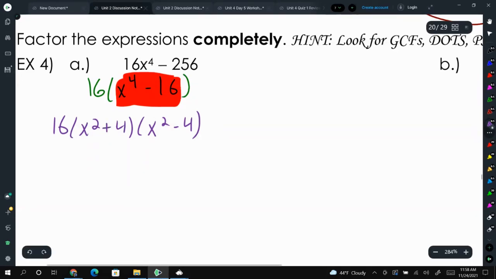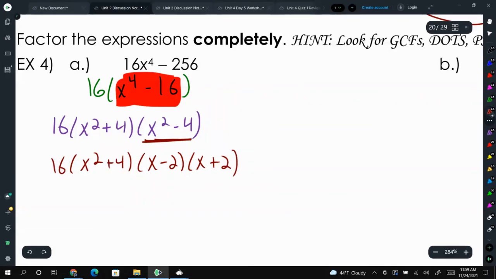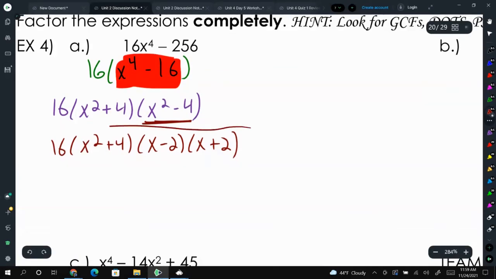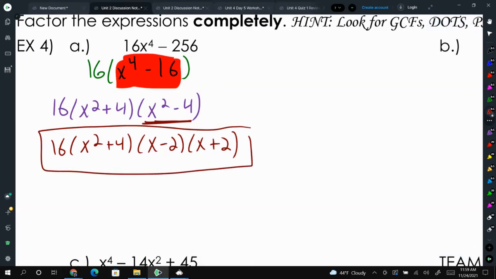And if we were to FOIL this out, multiply first, outside, inside, last, we would get x to the fourth minus 16. Now, this isn't done yet. This is also a difference of squares. So now we write that as x minus 2 times x plus 2. So this would be our factored form.